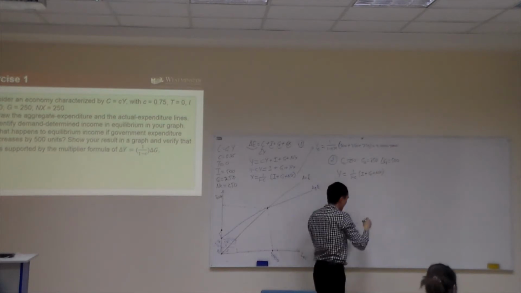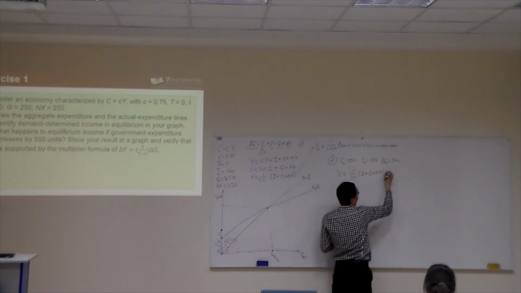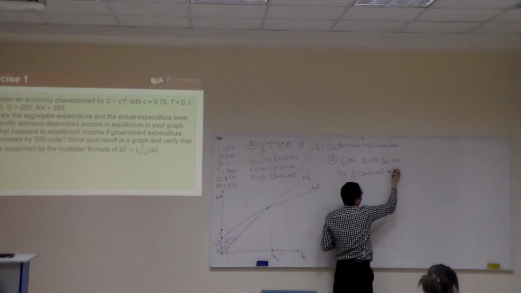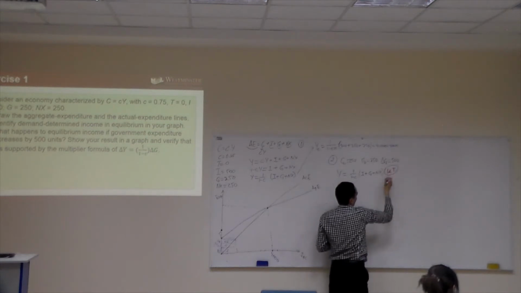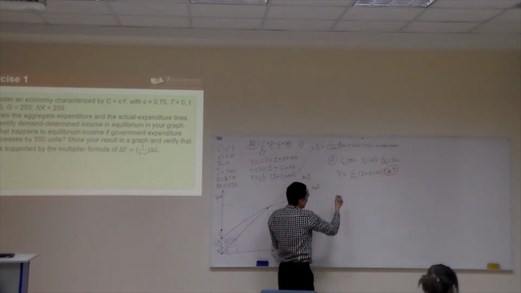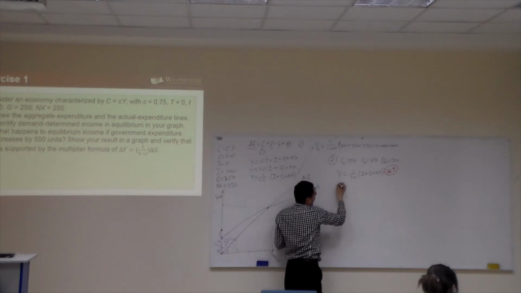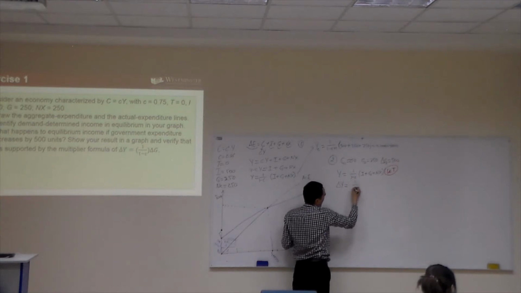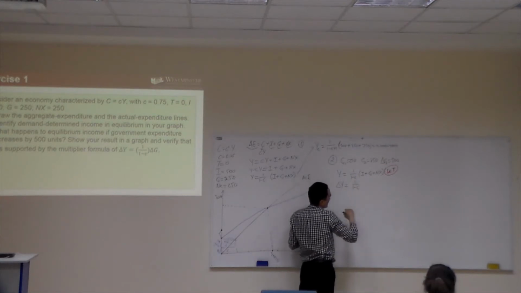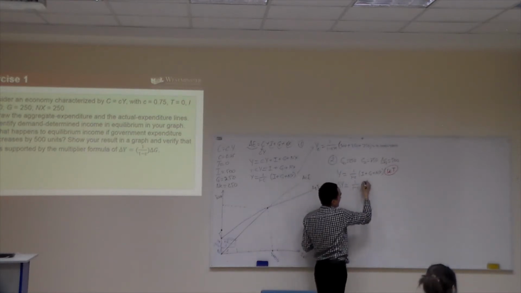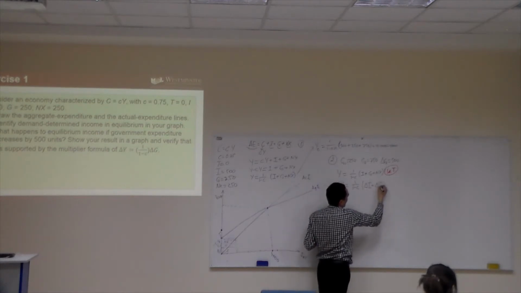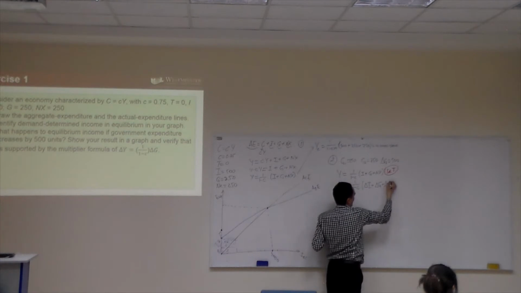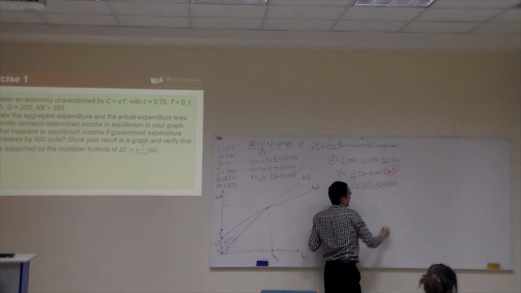We will take the first difference with respect to time. Then it's going to give us the change in output is equal to the multiplier 1 over 1 minus c times the change in investment plus the change in government spending plus the change in net export.